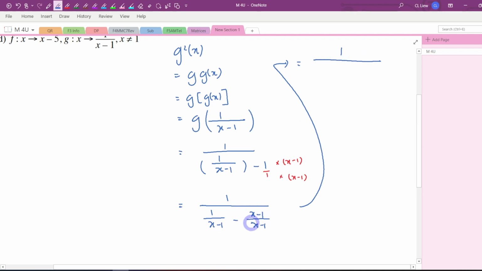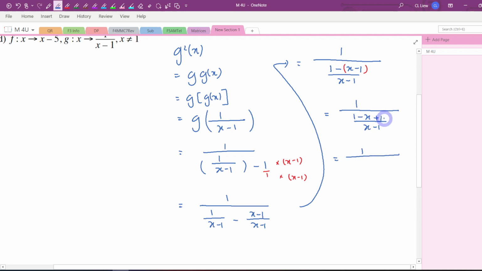So now I'm going to combine these two fractions together. 1 minus x minus 1 over x minus 1. If you do it this way, it's actually not correct. It is 1 minus this whole thing, so we need to put a parenthesis here. Now let me open up the parenthesis: 1 minus x plus 1 over x minus 1.